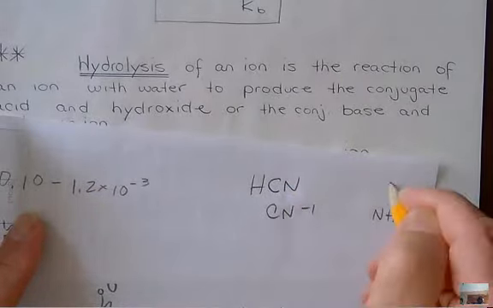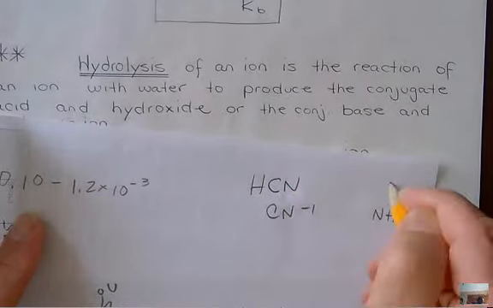Well, if I put the ammonium ion into water, it will react with water by donating a proton to it to give me ammonia back. And if I donate a proton, I get hydronium, so this guy would be acidic. So this is the conjugate acid of a weak base. So a conjugate acid of a weak base is acidic.